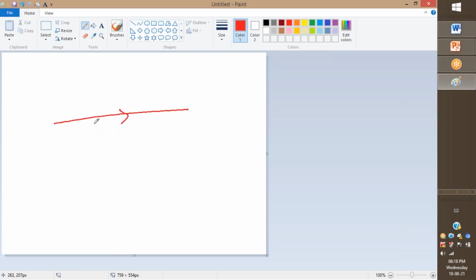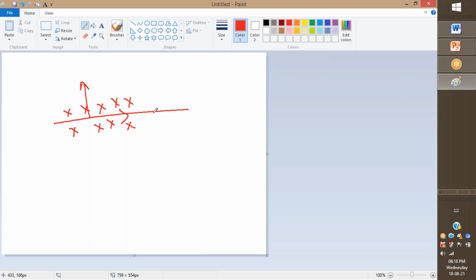So what I'm going to say is this: when you have a current carrying wire in a magnetic field, suppose this is the current, and the magnetic field is into the plane.